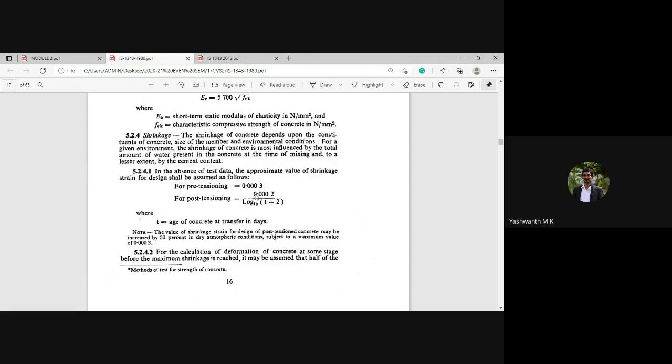But when you are going to use the formula, this is the formula: epsilon cs multiplied by Es. For example, if the data mentions the residual shrinkage strain, epsilon cs, you can multiply that value by the modulus of elasticity of steel given in the problem, and you will get the loss of pre-stress due to shrinkage.